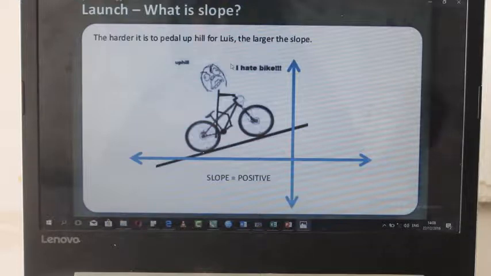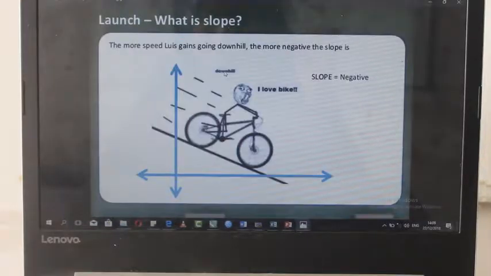This is the positive slope. The harder it is to pedal uphill, the larger the slope. Next, this is the negative slope. The more speed Louis gains going downhill, the more negative the slope is, like this.